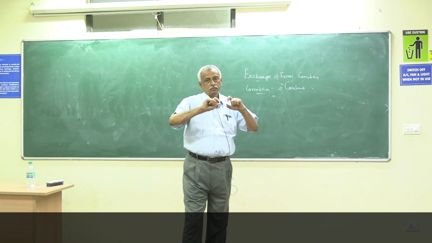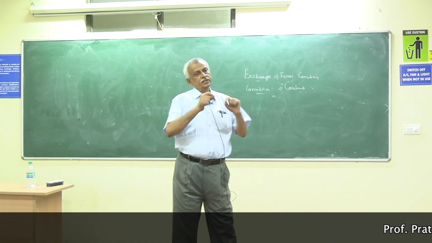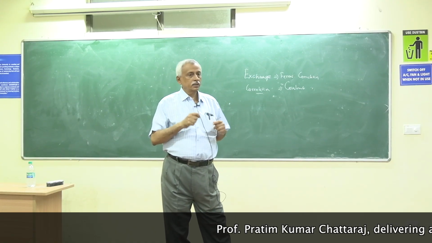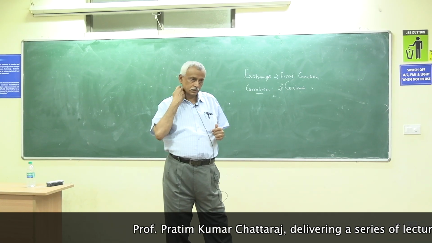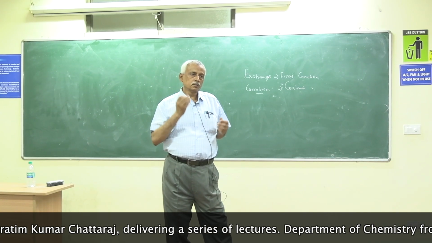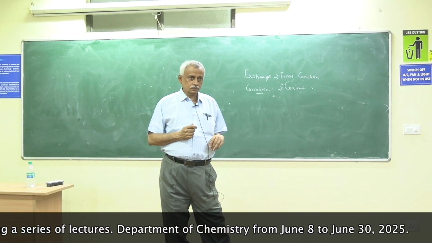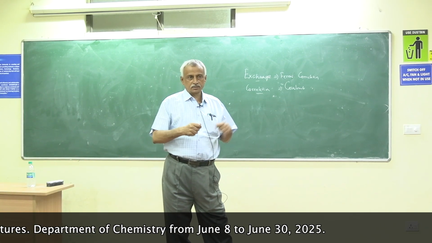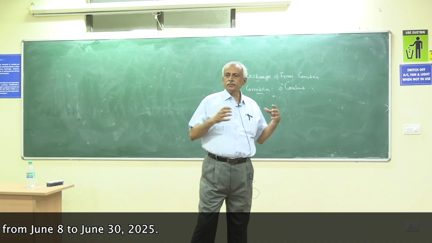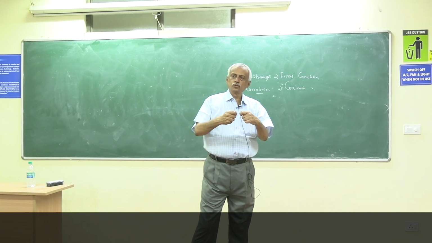When we get the orbitals, we are putting one electron in each orbital, even in a Hartree-Fock orbital, one electron in one orbital. Now, the electrons are moving. They are not static. So there is a possibility, let's say, that two electrons come very close to each other.